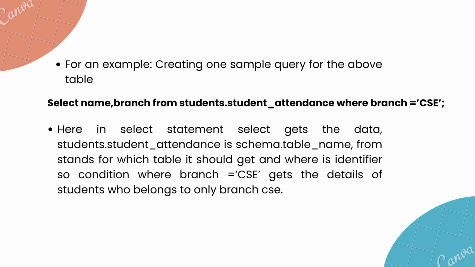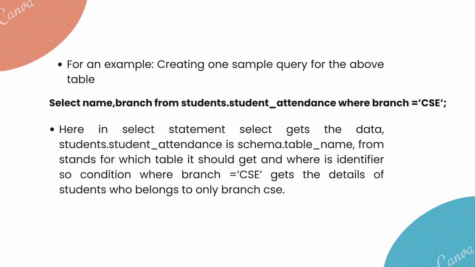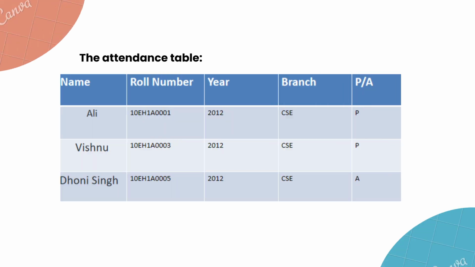Here, in the select statement, SELECT gets the data; students.student_attendance is schema dot table_name; FROM states which table it should get from; and WHERE is the condition, so branch = 'CAC' gets the details of the students who belong to only branch CAC. Now the table looks like this. This is the basic MySQL statement, and later we will learn all the create, insert, select and update statements too.